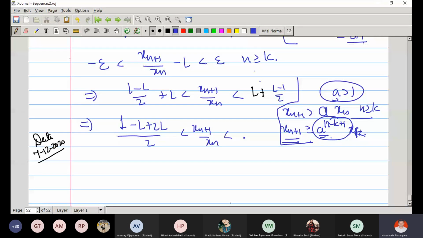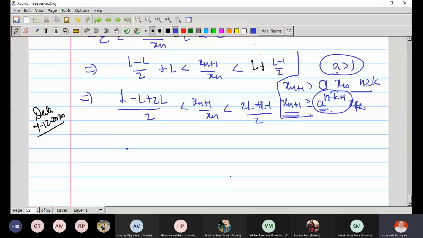You check the calculation I am writing is correct. So what is this? 1 plus L by 2 is less than xn plus 1 upon xn is less than 3L minus 1 divided by 2.